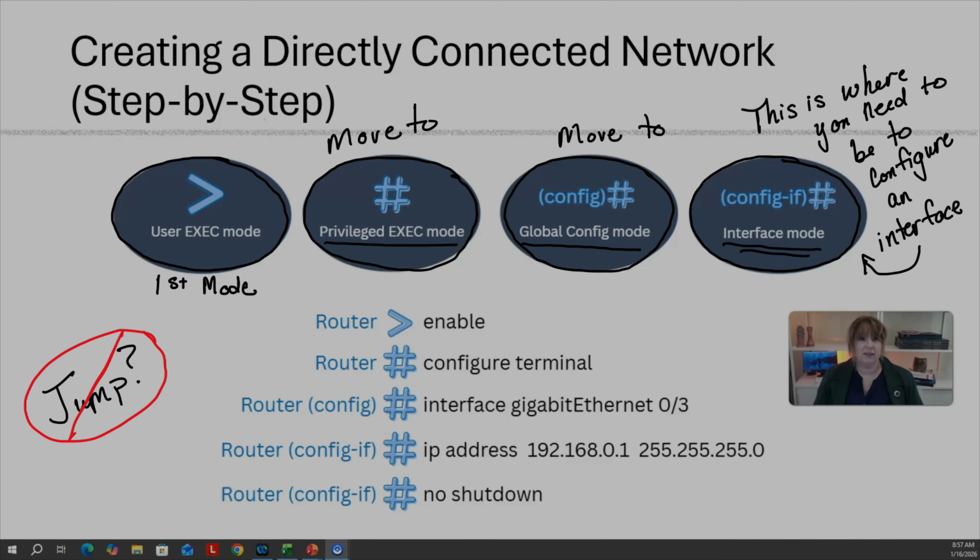Privileged exec mode is indicated by a pound sign. Global configuration mode is shown by the word config in parentheses with the pound sign. And interface configuration mode is shown by config-if in parentheses with the pound sign, which tells us we're specifically configuring an interface.